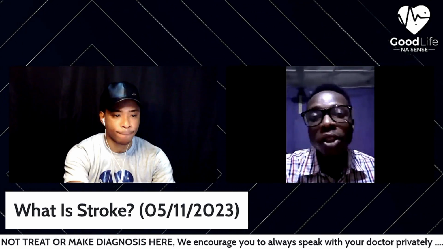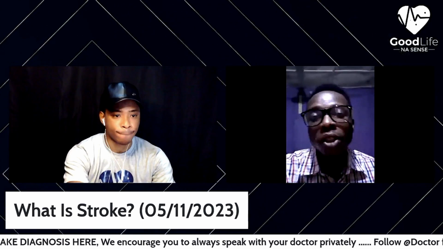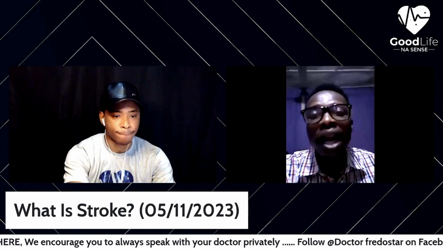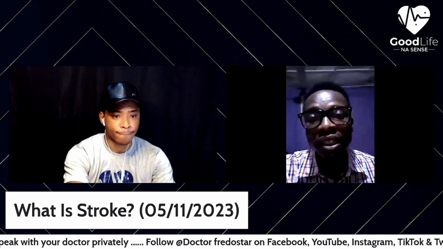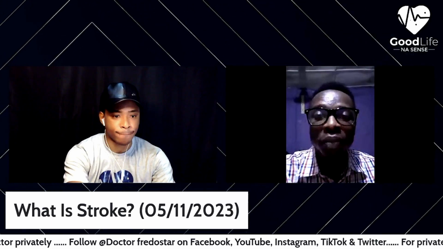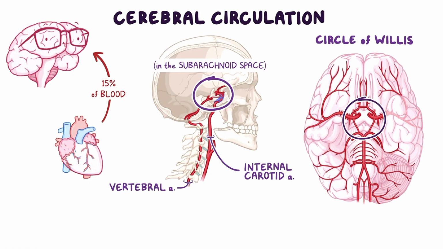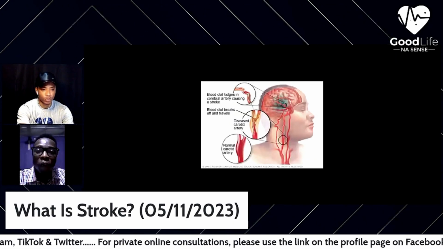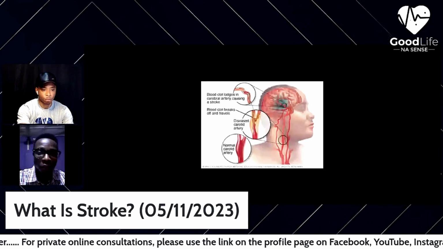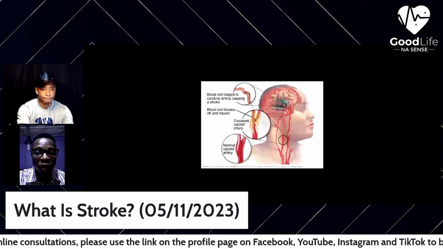Or sometimes a clot forms in another part of the body, and the blood carries that clot to the brain. The arteries that go to the brain are tiny, small. So any little thing that blocks them will prevent blood from going to the other part of the brain. So that's what you need to know.